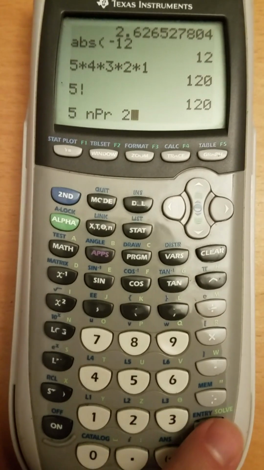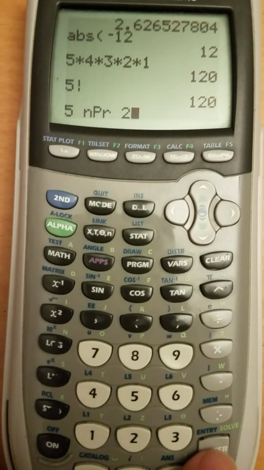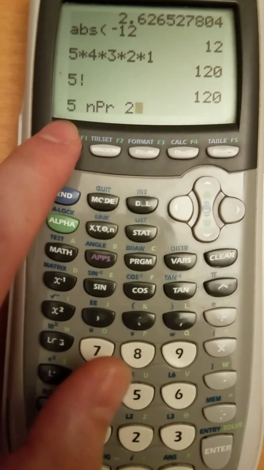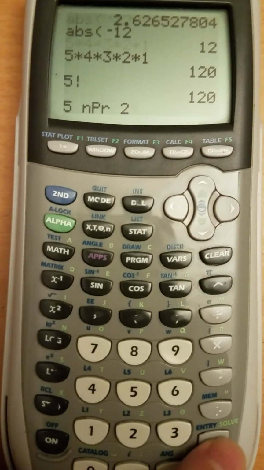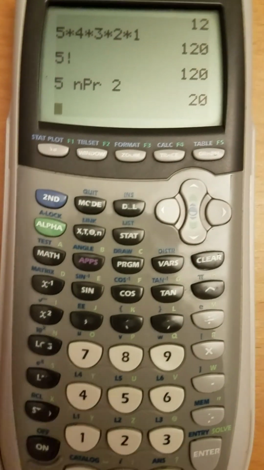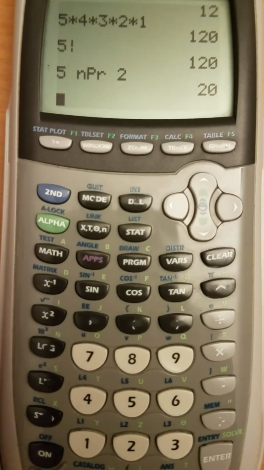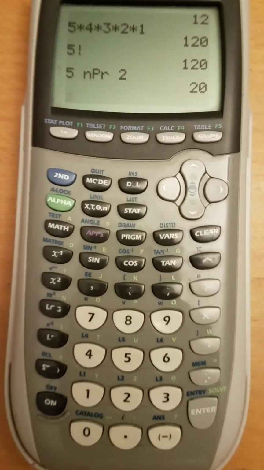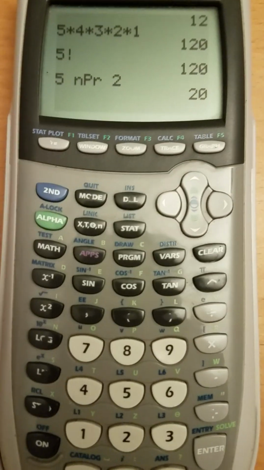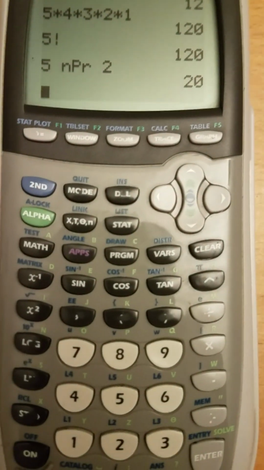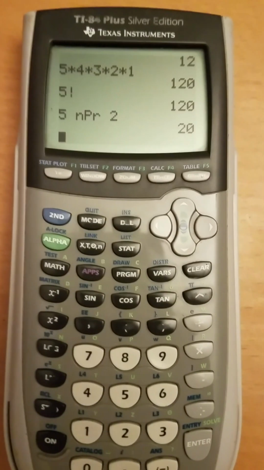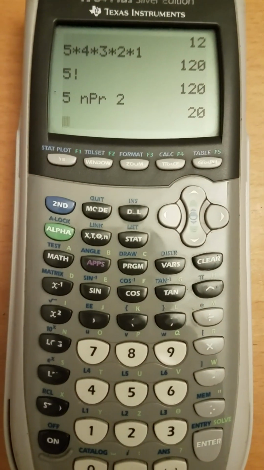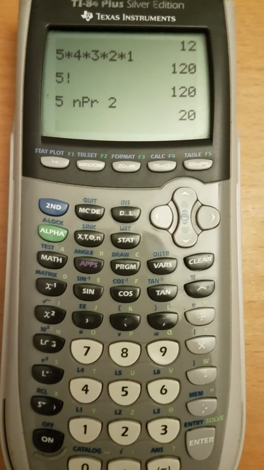So the NPR is between the two numbers. So the 5 is the N, 2 is the R, and you would get this, which is the permutation of 5 and 2, with N as 5 and R as 2. NCR is the same way. It goes in the middle between the N and the R. But like I said, when we do probability, we're going to go over that in more detail. I'm just showing you how to do it on the calculator.